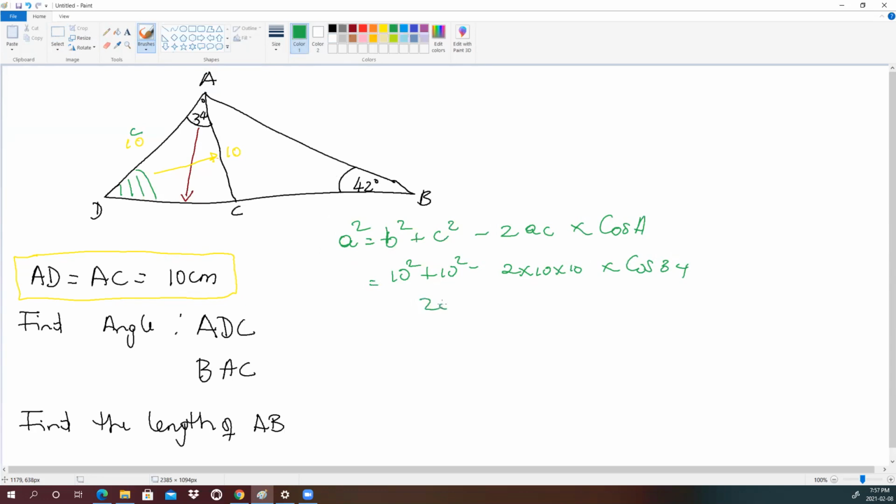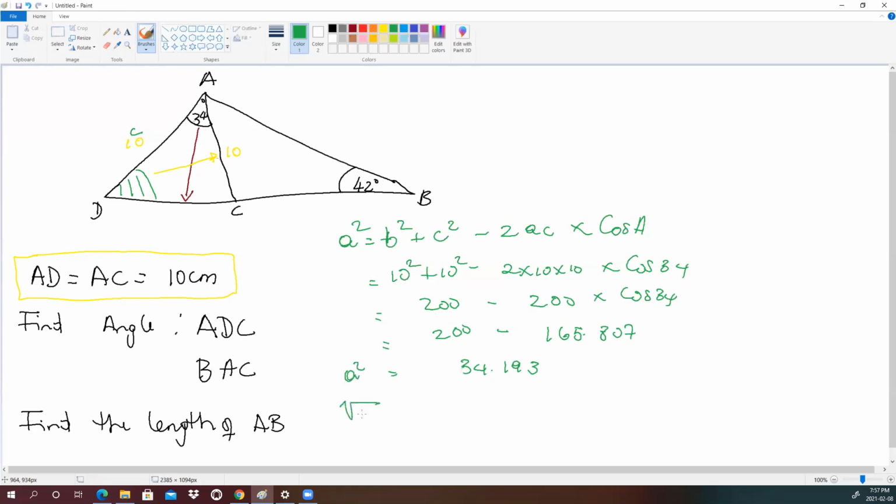So you're going to have 200 minus 200 times cosine 34, which is 200 minus 165.807. You getting the same thing so far? That gives 34.193. Let me write it properly. Have you gotten the same thing so far? Yes, miss.